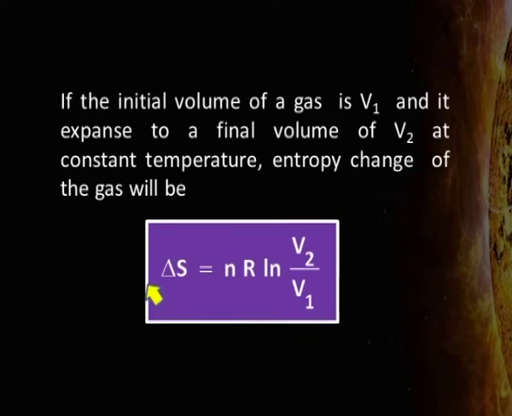Here delta S is increase in entropy, n is total number of moles of the gas, R is universal gas constant, V2 is final volume of the gas, and V1 is initial volume of the gas.